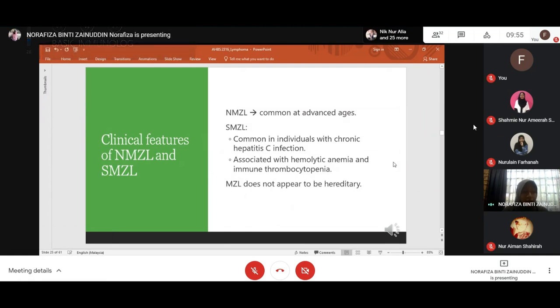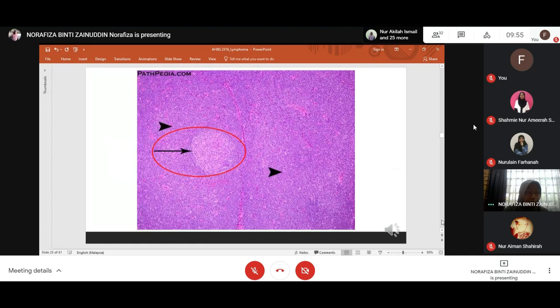Marginal zone lymphoma does not appear to be hereditary, so you don't have to worry if you have this lymphoma. I mean, it won't be passed to generations.